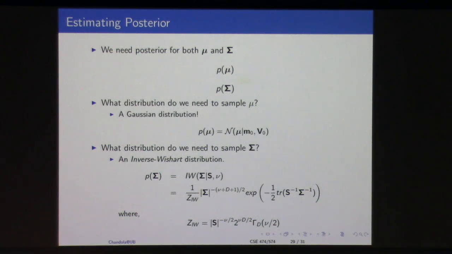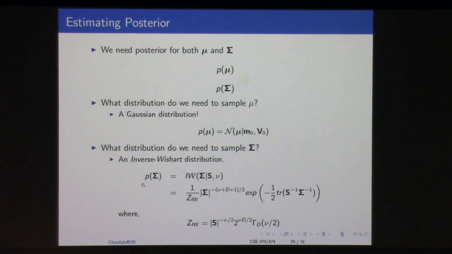It turns out that the conjugate prior for a normal distribution is a normal distribution itself. So we put a prior on mu like this, and for sigma, which is a matrix, we want a distribution that gives us a matrix as a sample. There is a distribution called inverse Wishart distribution, which is a conjugate prior of the multivariate normal.